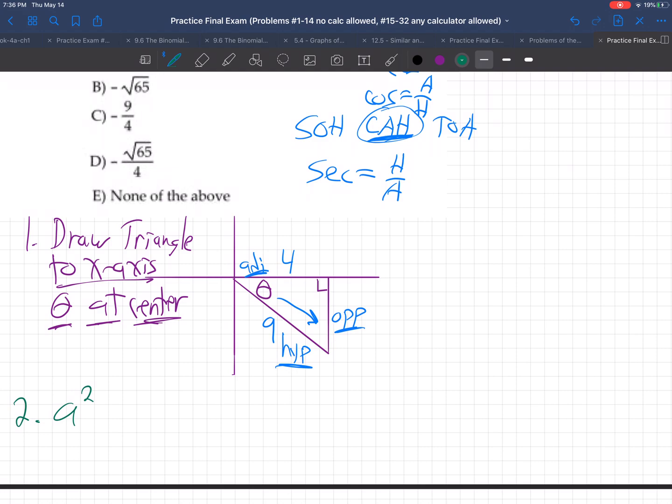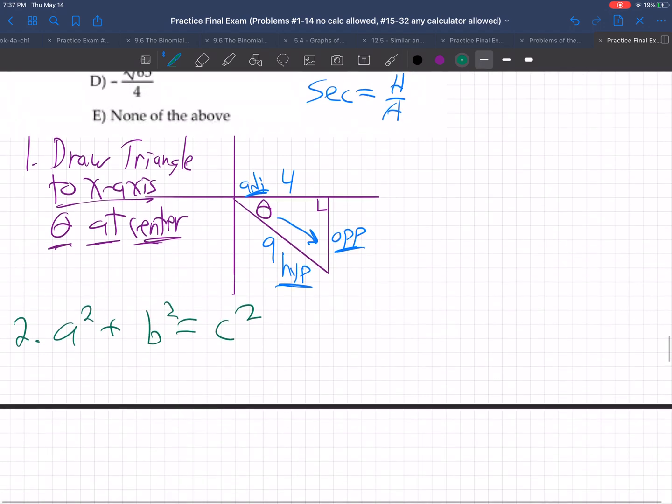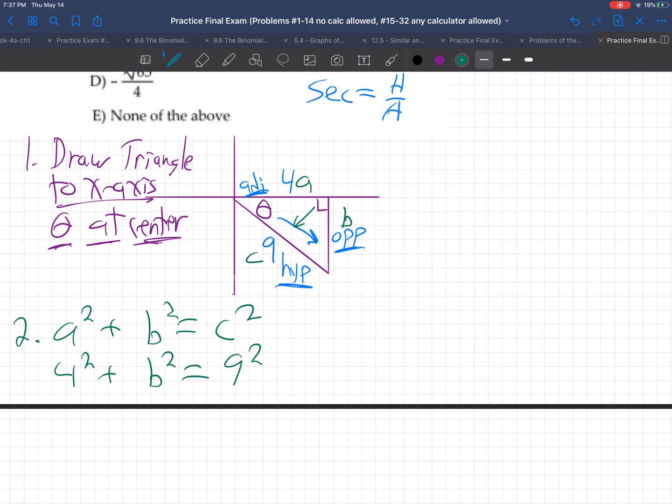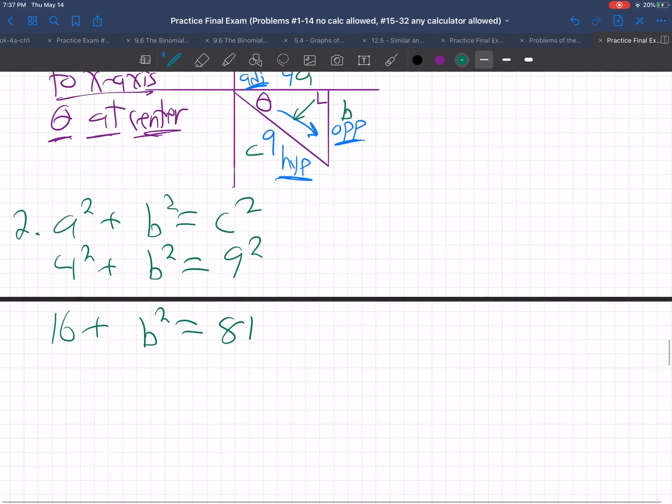So that's where step 2 comes in. Use a squared plus b squared is c squared. So this is going to be the a, the b, and the c. The c's got to be the one across from the right angle. So 4 squared plus b squared is 9 squared. So 16 plus b squared is 81.